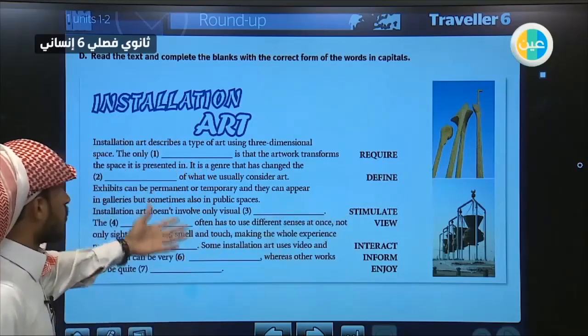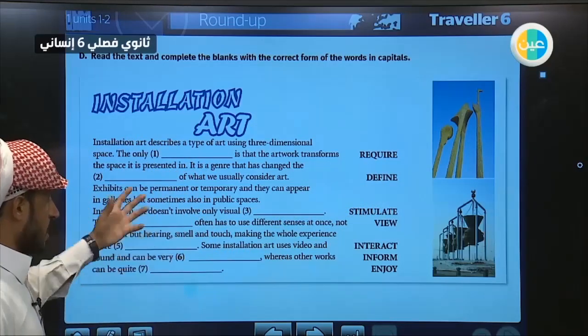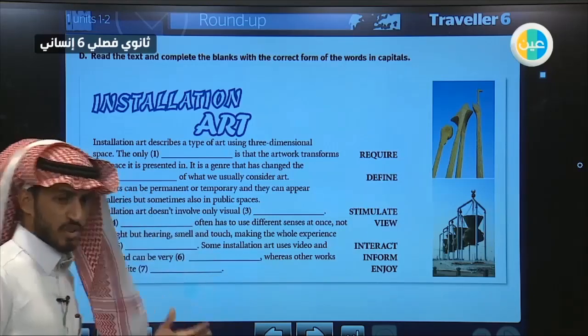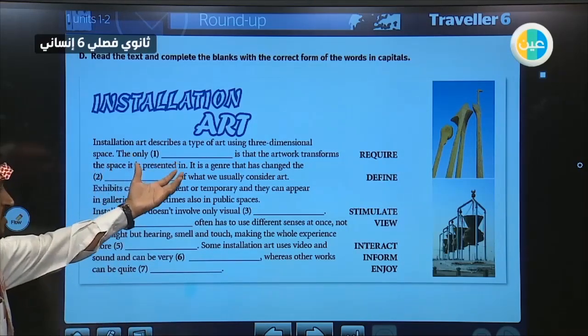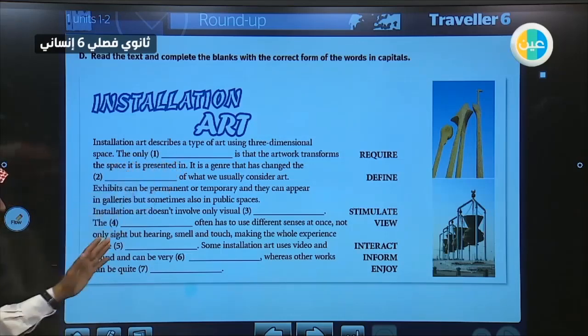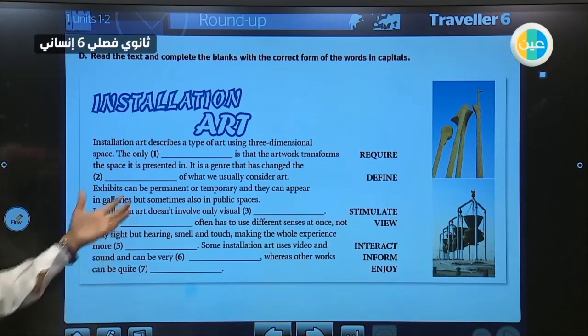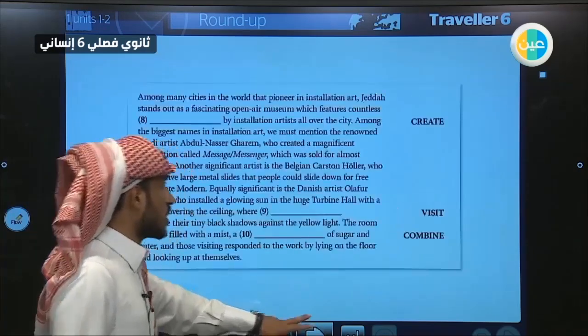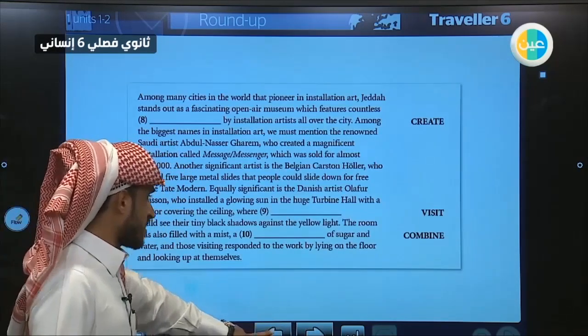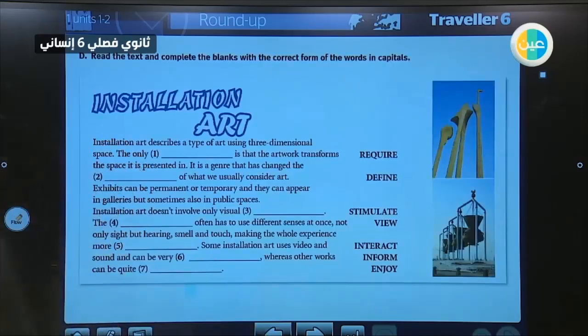Okay, we have to turn these verbs or add suffixes to these verbs so they suit the context properly. Number one, the word require. Number two, define, stimulate, view, interact, inform, enjoy, create, visit, and combine. We will read the text and answer the questions.